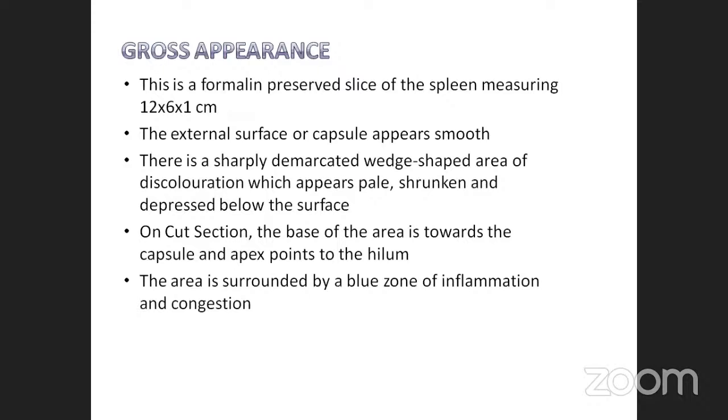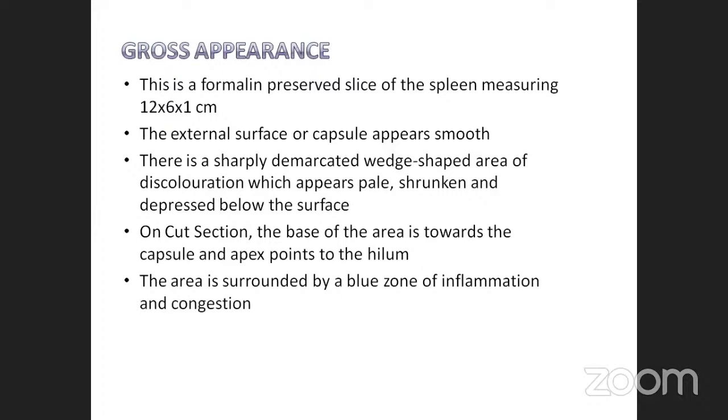So this is just the gross appearance. This is a slice of spleen measuring 12 by 6 by 1. On the external surface is a capsule. Whenever there is an infarct, the capsule has no role. It is always smooth.